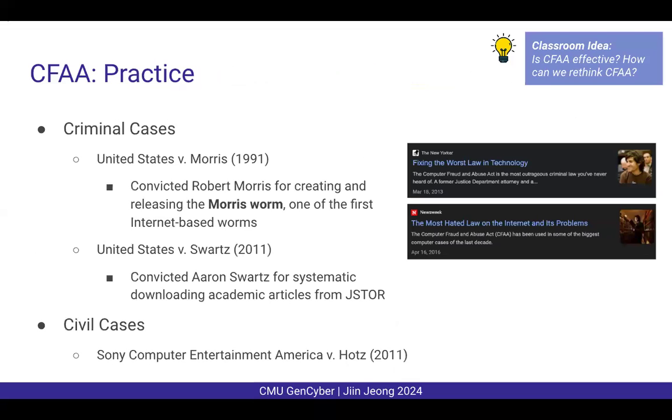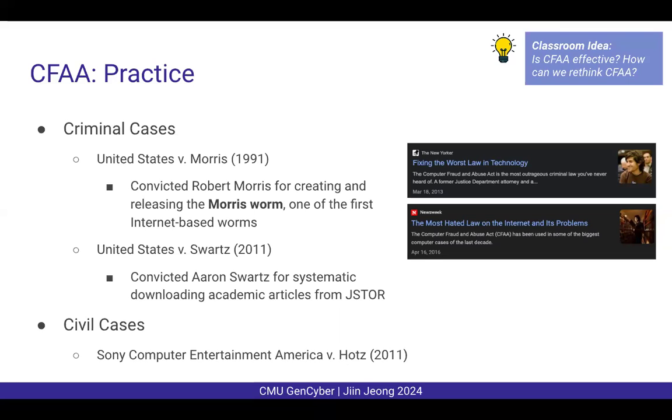And putting the CFAA in practice, it was actually used in criminal cases, such as the United States versus Morris in 1991, where the United States government convicted Robert Morris for creating and releasing the Morris worm, which is one of the first internet-based worms. It was also used in 2011 in a case, United States versus Swartz, where the government convicted Aaron Swartz for systematically downloading academic articles from JSTOR.